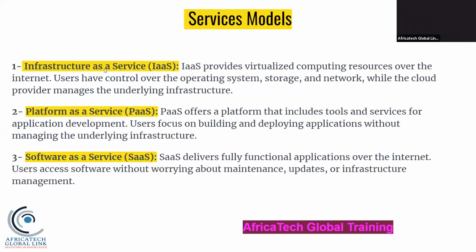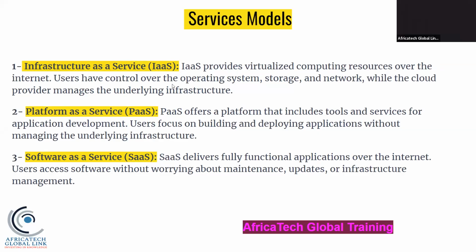A service model, this is also very important. IaaS, infrastructure as a service, right? And those are things I have even had in some quizzes. This question is on it. It provides virtualized computing resources over the internet. Users have control over the operating system, the storage, and network, while the cloud provider manages the underlying infrastructure.